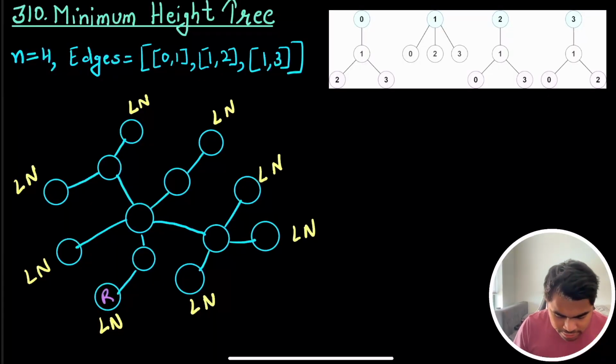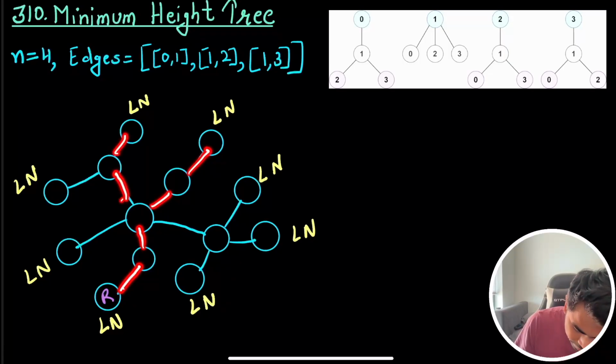Now if I choose this as my root, what would be the height of this tree? So let's try to explore and find the height. So height would be, in this case, this is giving me 4, this is also giving me 4, and this is also giving me 4. So let's say I choose this path.